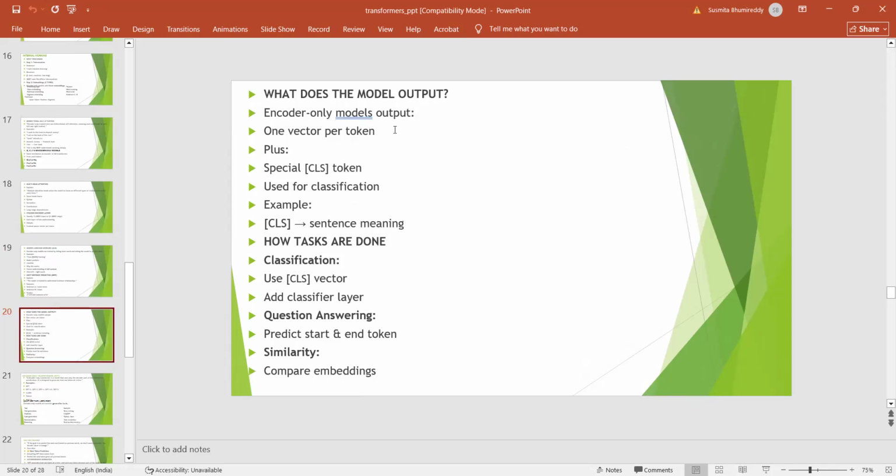An encoder-only model returns a vector per token, and it also returns special tokens, which are used for classification. What does the special CLS token mean? It gives us the sentence meaning. Tasks like classification, question answering, and similarity are done by comparing those embeddings and giving us a similarity score.